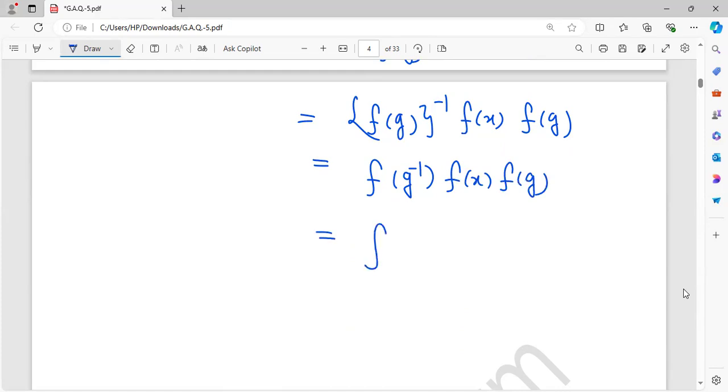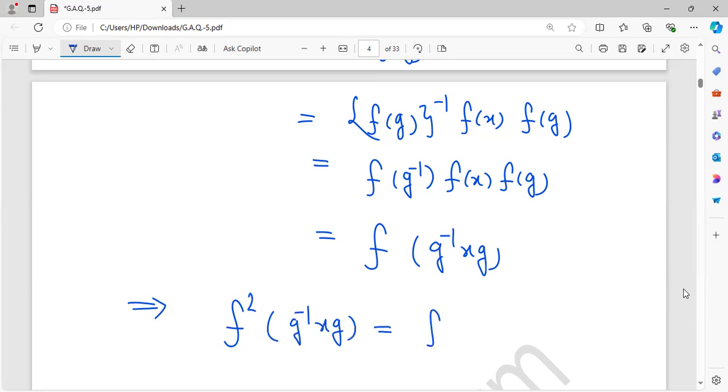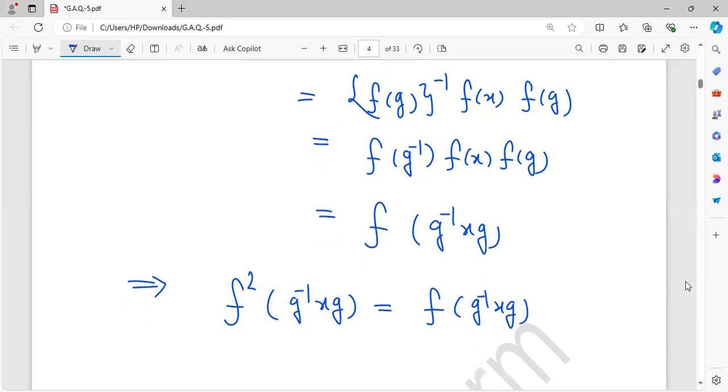So what is this by property of homomorphism? So what we got, we got f²(g⁻¹xg) is equal to f(g⁻¹xg).